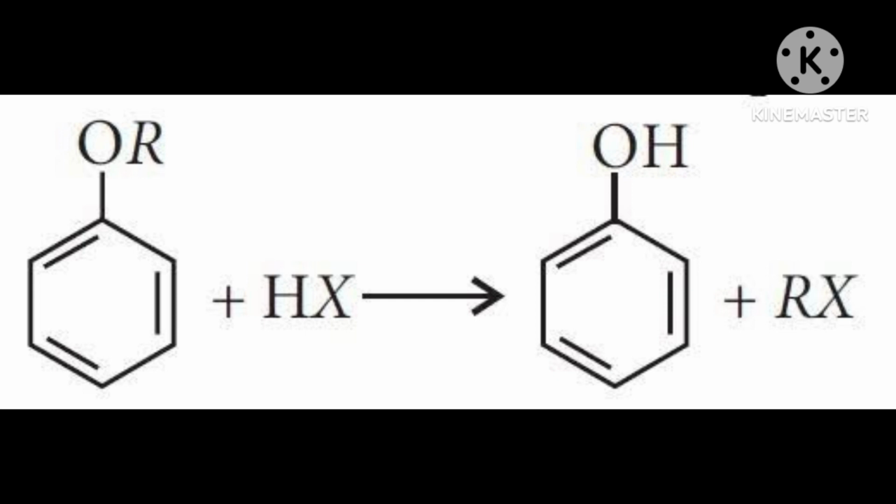Now suppose anisole is there. In the case of anisole, both methyl and phenyl groups are present, which is why it is called methyl phenyl oxonium ion.